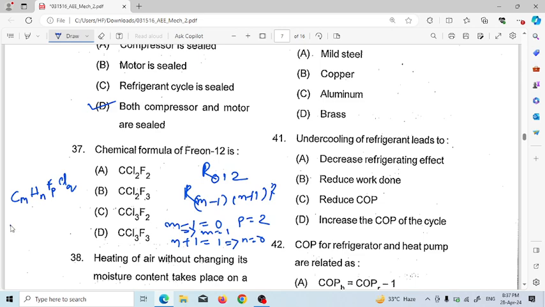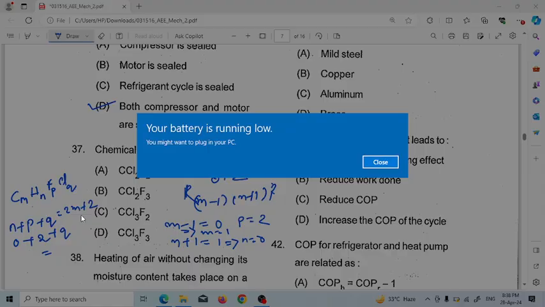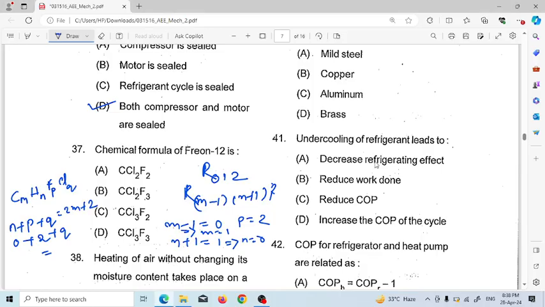For finding q, we know the formula n plus p plus q is equal to 2m plus 2. So n is 0 and p is equal to 2, plus q which we have to find, and m is equal to 1. So 2 into 1 is equal to 2, plus 2 is equal to 4.